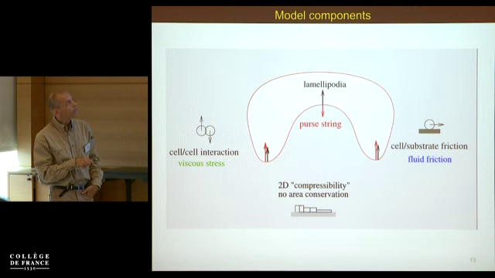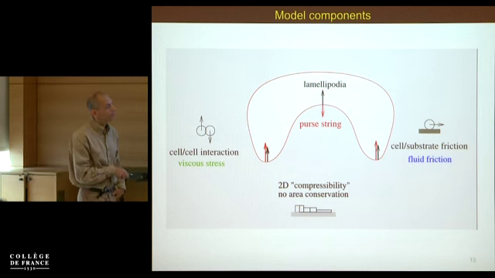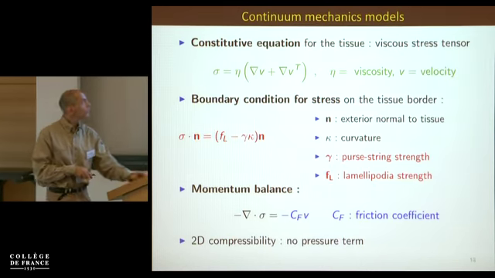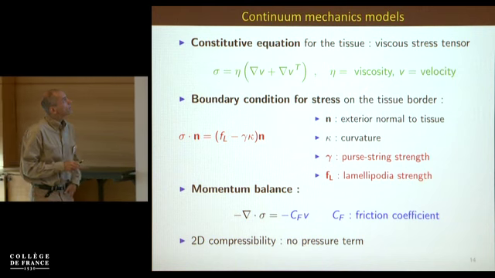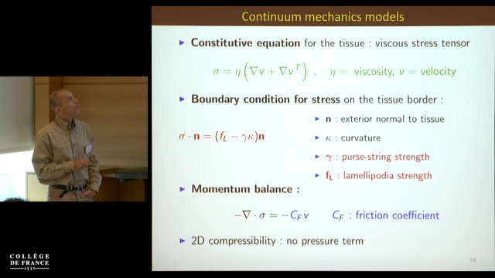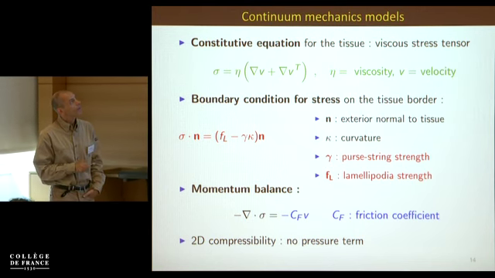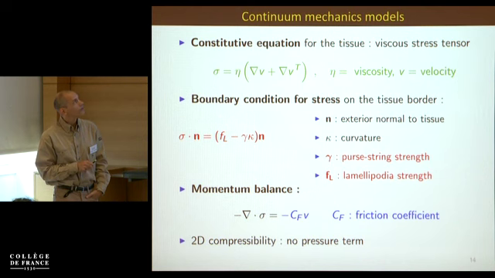And then the special thing about the model is that you have these boundary forces acting on the cable, which one is the purse string force, which we put here in red, and the other one is the one that's generated by the lamellipodia. And so when we put all of this together, we just get this model, and this is what we really are simulating in the rest of this talk.